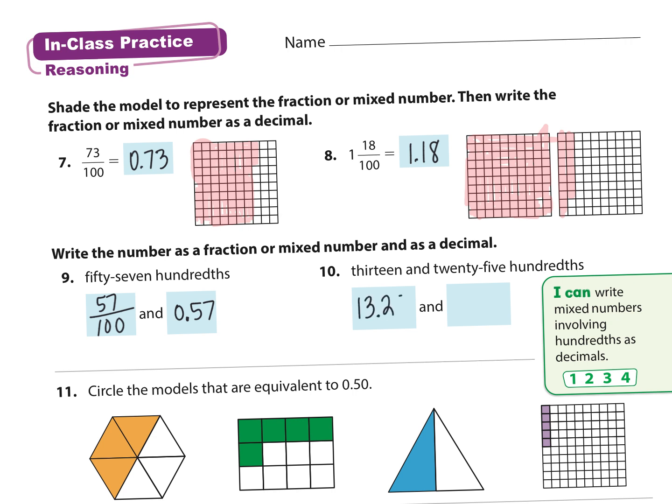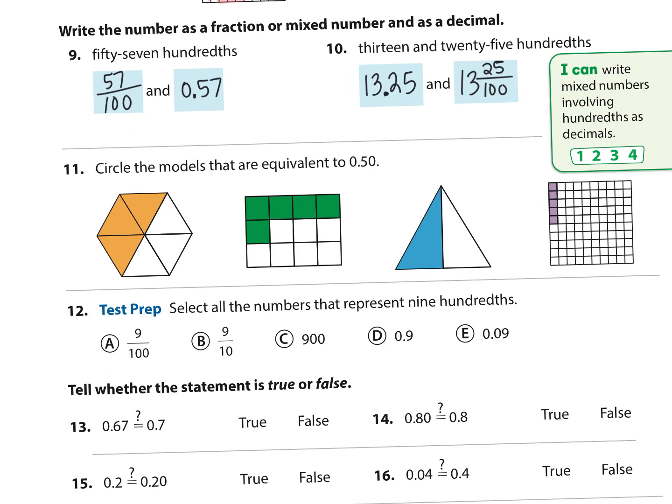Okay, your decimal should look like this one, 13.25. What does your mixed number look like? 13 on the side and then 25 over 100. Exactly. Very good. Great job.